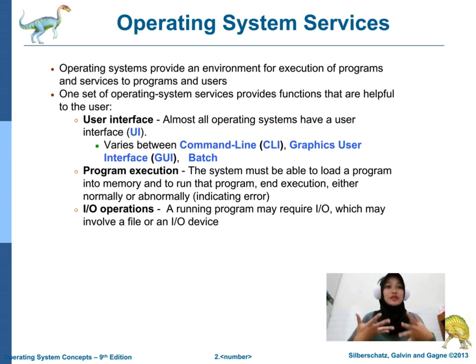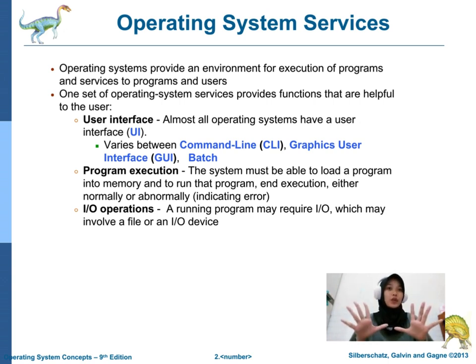So what are operating system services? We know that an operating system can do two things. One, it can provide an environment for the execution of programs. If there is no operating system, you cannot execute any program. The second thing is that the operating system provides services to the programs and the user.